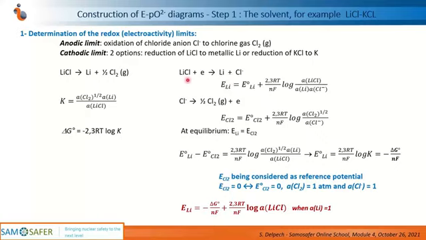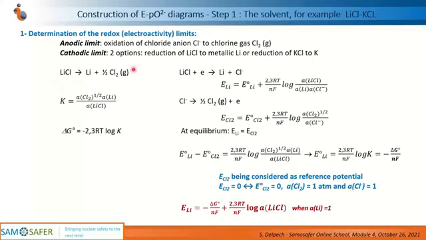We cannot have a potential without a reference potential, so we are going to choose chlorine gas evolution as the reference reaction. So we are going to write the Nernst relation, and at the same time write this reaction, which is the sum of these two half reactions.